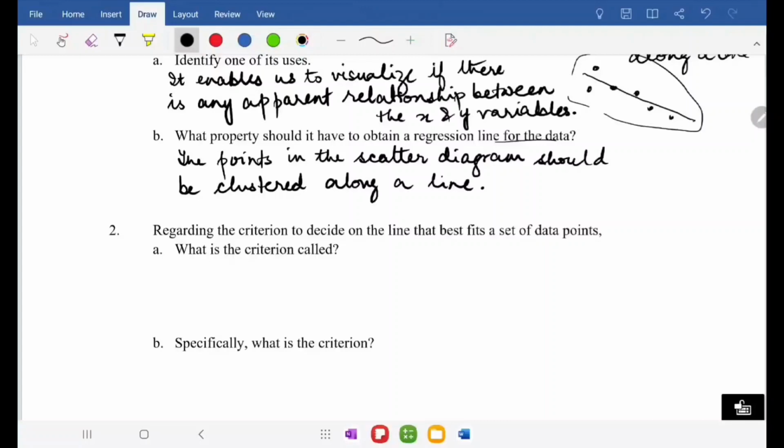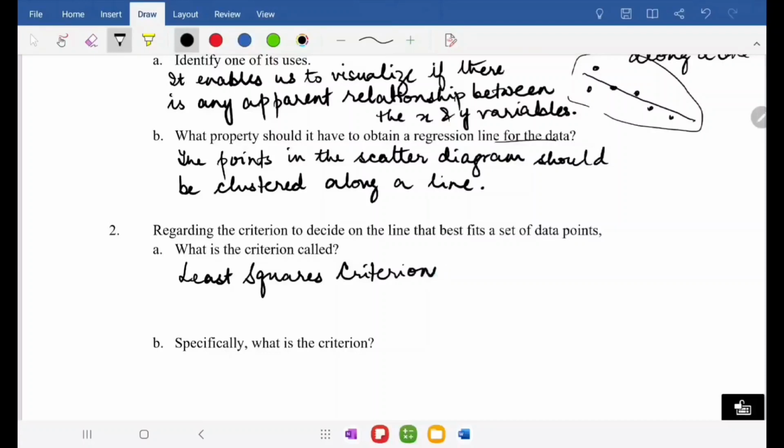Now question number 2 says, regarding the criterion to decide on the line that best fits a set of data points, what is the criterion called? The criterion that we use to come up with the line that best fits a set of data points is called the least squares criterion. We'll go through an example problem to work out this least squares criterion.